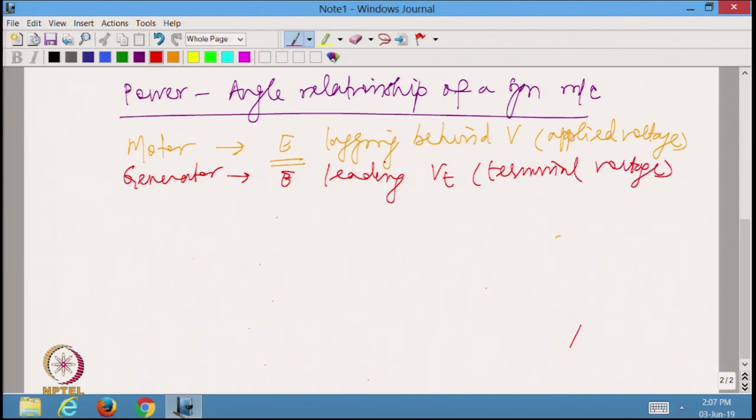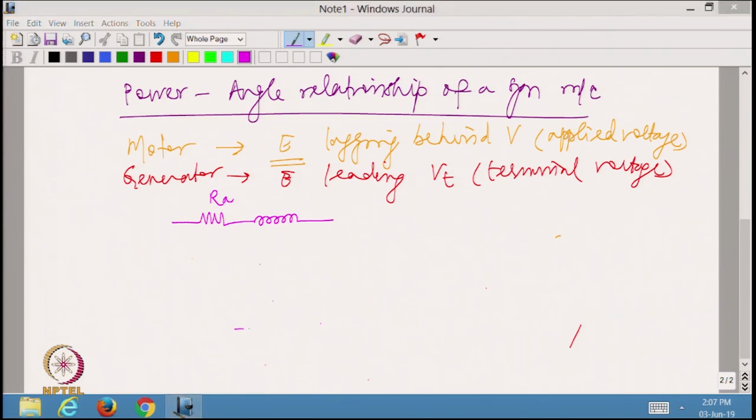So, if we try to draw the overall equivalent circuit, we should normally draw a resistance which is the resistance of the armature winding or stator winding, and then an inductance which is known as the synchronous reactance, which consists of the mutual inductance between the armature and field plus the leakage. So, XL and XM put together will be XS.